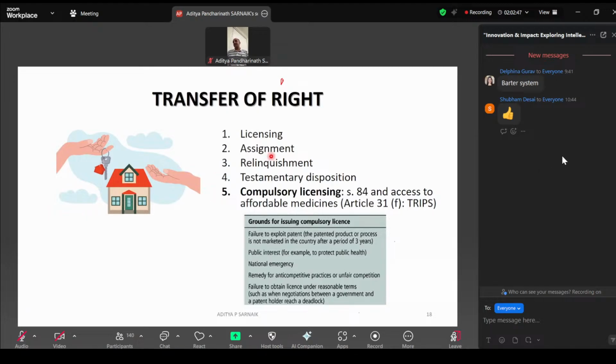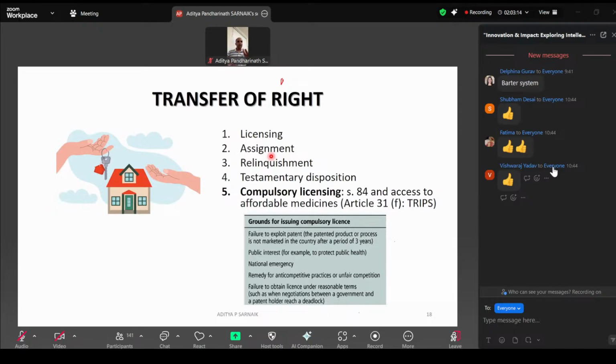Yes, transfer of rights. An important thing you should understand is that if I have the right, I should be able to give it to somebody else, either to gain money out of it or for joint ventures. For example, we had Maruti Suzuki.